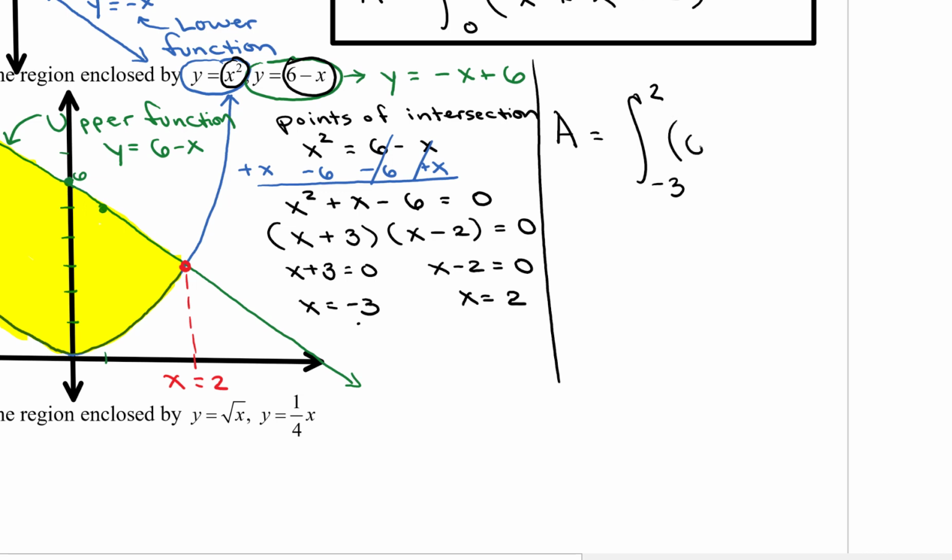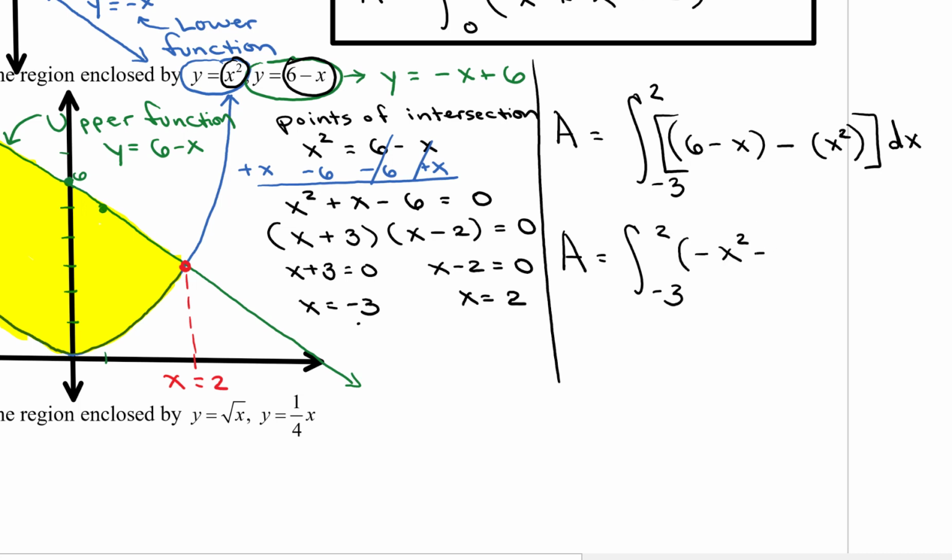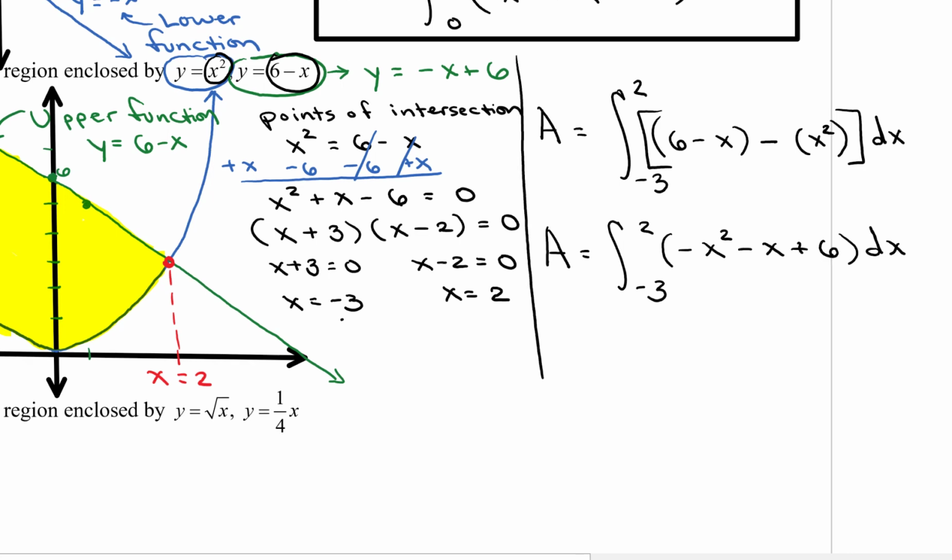I opened up a set of parentheses, 6 minus x, close the parentheses, minus, let me just add a square bracket before the first set of parentheses, and then we had minus x squared, close the parentheses, close the square bracket, dx. Next line, A equals the definite integral from negative 3 to 2 of the quantity negative x squared minus x plus 6, dx.